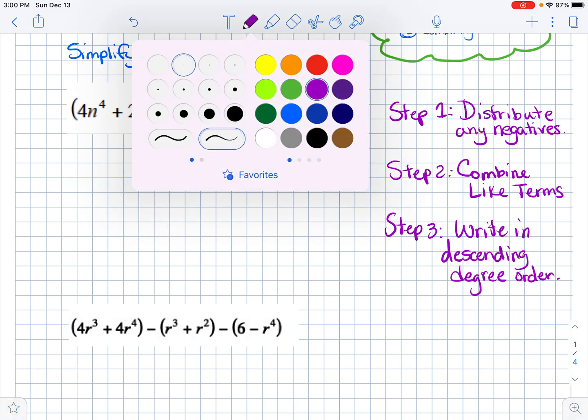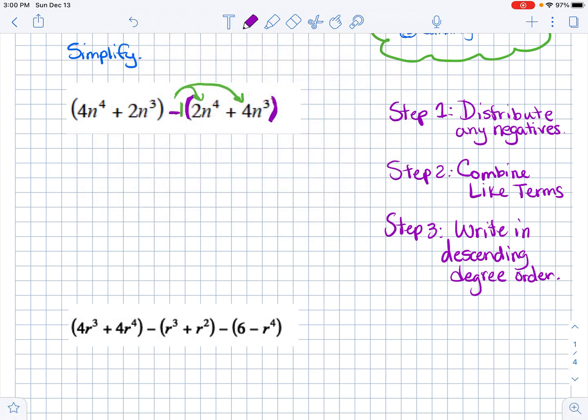So let's go ahead and simplify. Notice that the first expression, even though it's in parentheses, nothing is happening to it. It's just waiting for the -1 to be distributed to the second set before it can be combined with those terms. So the first expression is not going to change: 4n to the fourth plus 2n to the third.